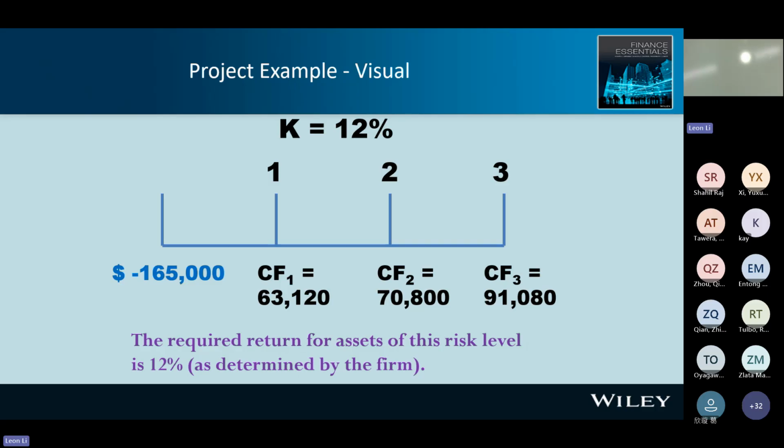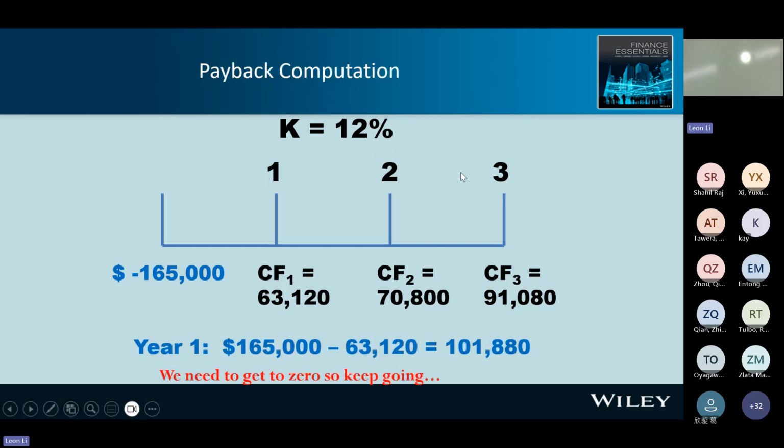So you can see how we do that. Year 1, we do this: initial cost minus our CF1. This is our initial cost, 165,000. CF1 is here. This number is positive. That means we have not recovered the initial cost yet, so we need to go further. We have not gotten to 0 yet.